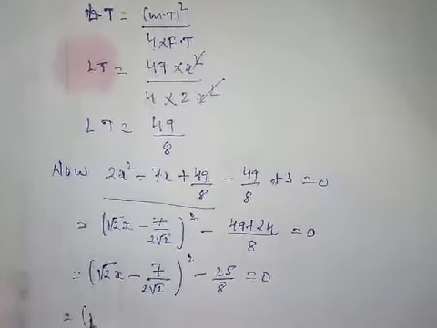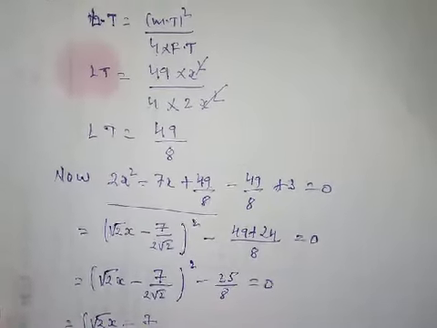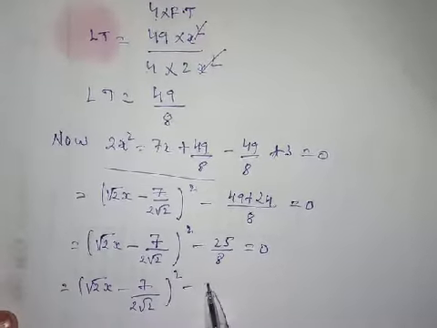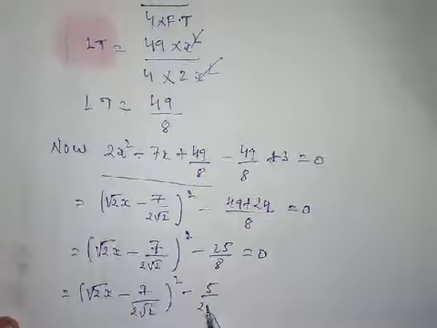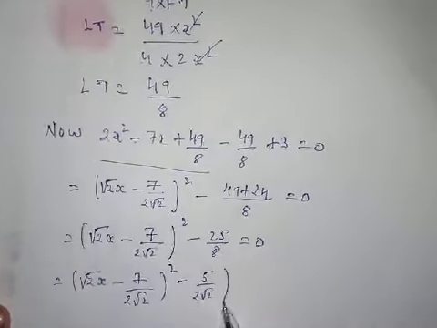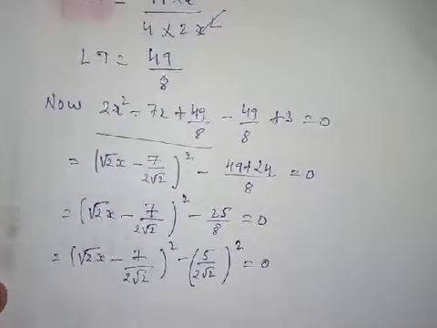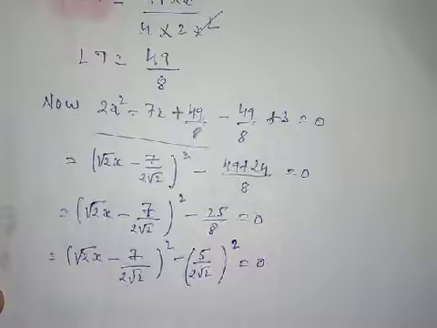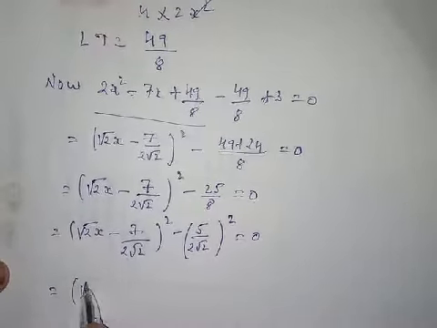So (root 2x − 7 upon 2 root 2) whole squared minus (5 upon 2 root 2) whole squared is equal to 0. Now it becomes the a² − b² formula. If we apply a² − b² = (a − b)(a + b), what do I get?